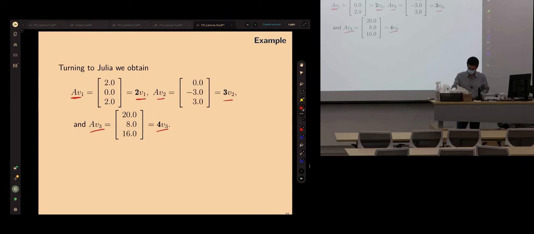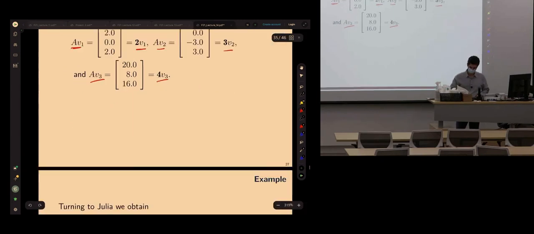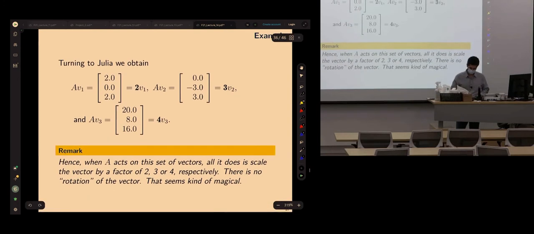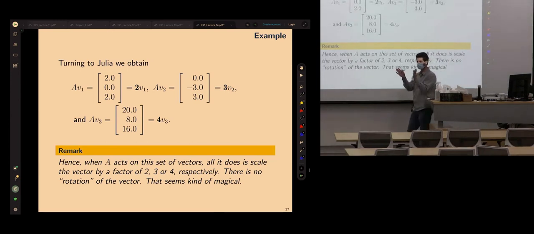So a matrix multiplied by that particular direction only scales. Your matrix A acts on this set of vectors, it only scales them. In other words, there is no rotation when you multiply your matrix.